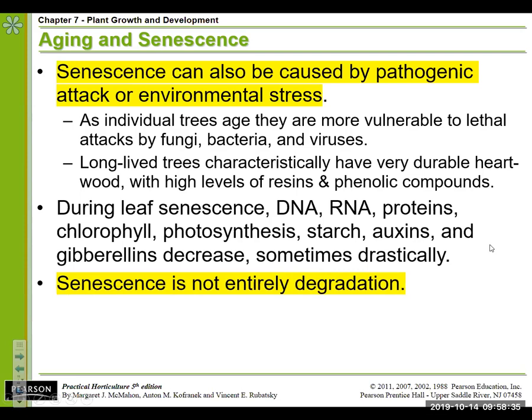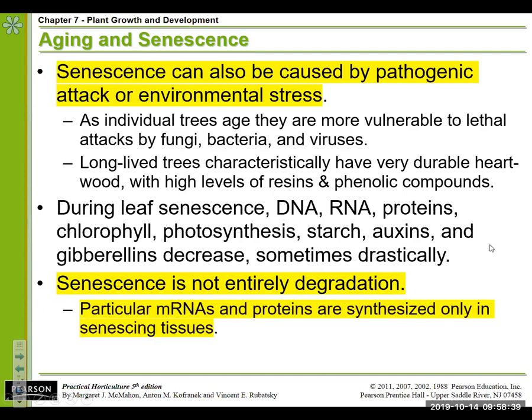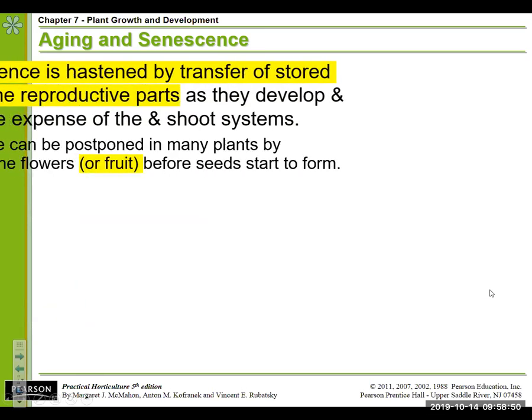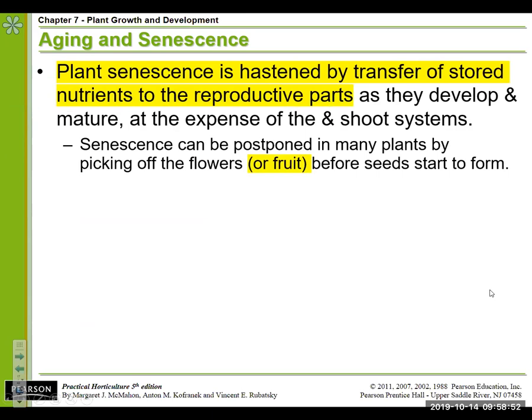Senescence, however, is not entirely just degradation of the plant. In some cases, you only get particular messenger RNAs and proteins that are synthesized when the plant begins to senesce. So that could be an important thing to look at in particular crops.